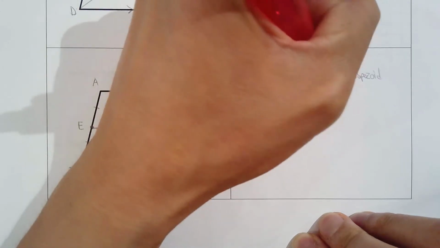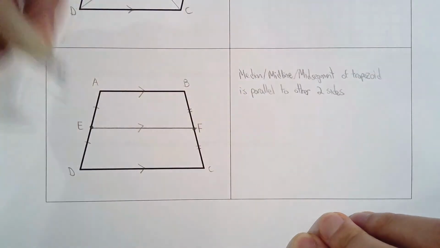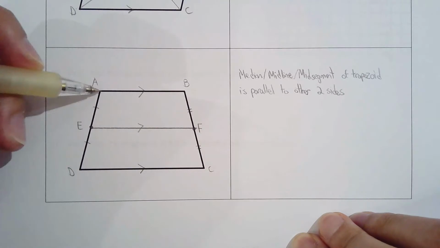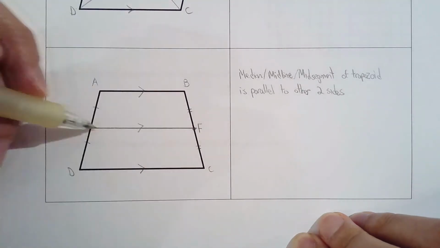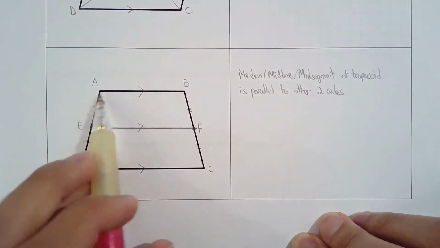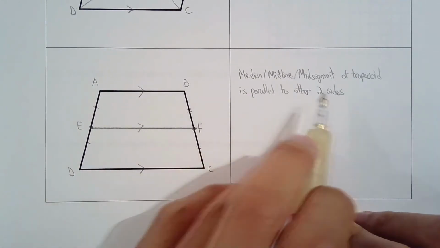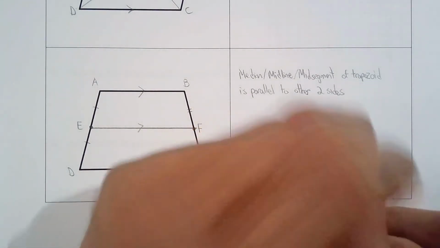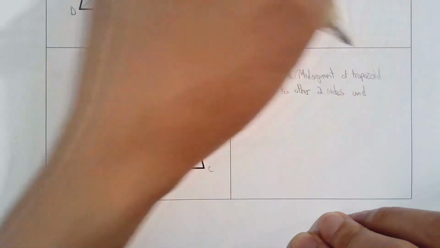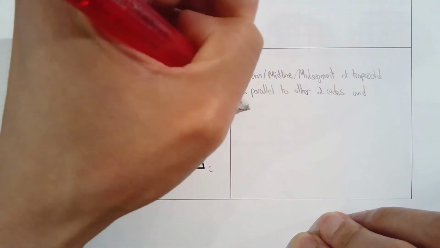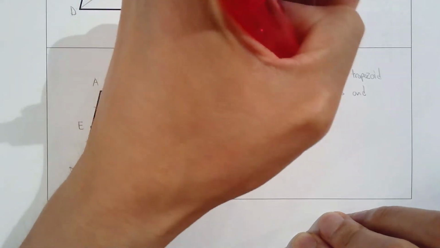And when I say other two sides, I mean the parallel sides of the trapezoid, because these are the two sides you work with to create the mid segment, and then these are the two remaining sides when I say other. And not only that, it is the average of the length of the parallel sides.